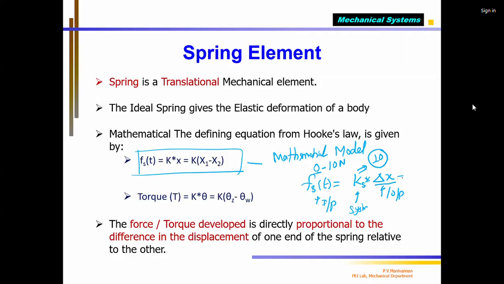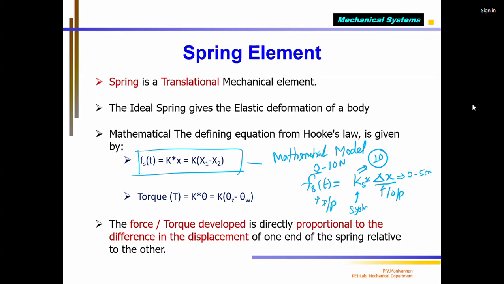The change in length goes from 0 to 5 centimeter. Original length was 10 centimeter. As you apply force, it becomes 9 centimeter, 8, 7, 6, 5 centimeter, and stops. When I apply 10 Newton force, the output varies from 0 to 5.